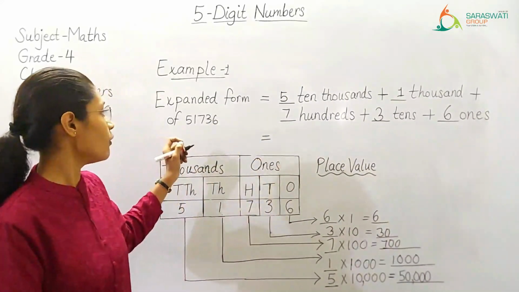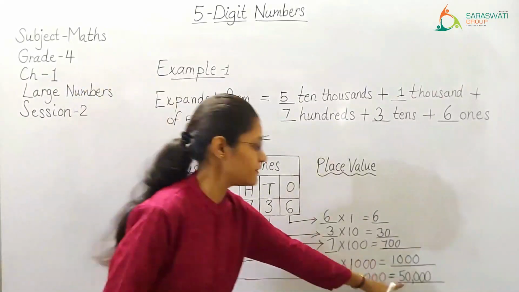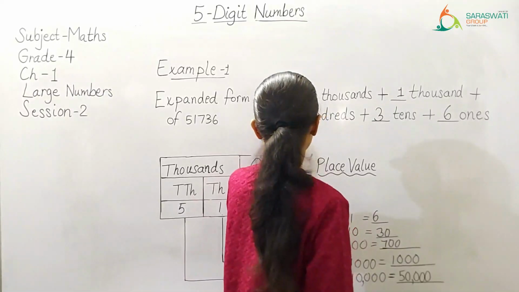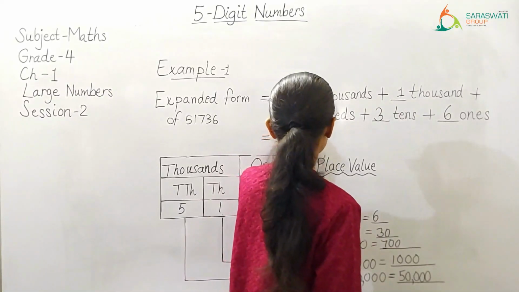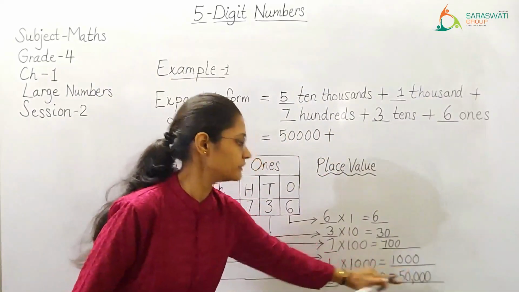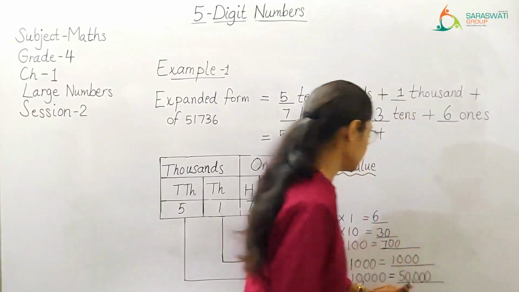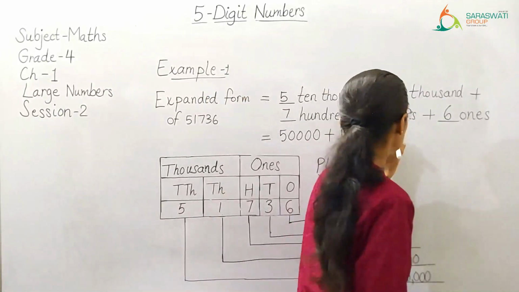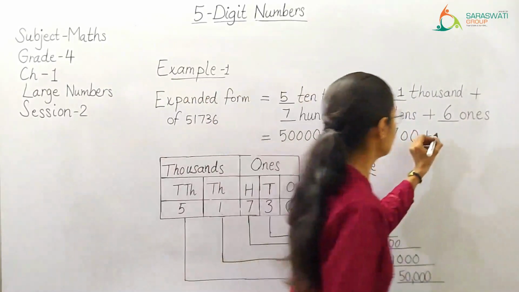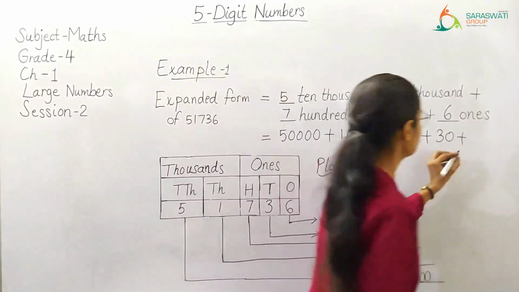And expanded form of the number in the form of sum of figures will be 50,000, add 1,000, add 700, add 30, add 6.